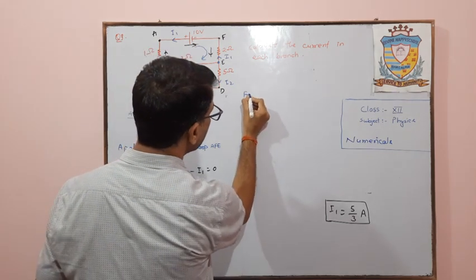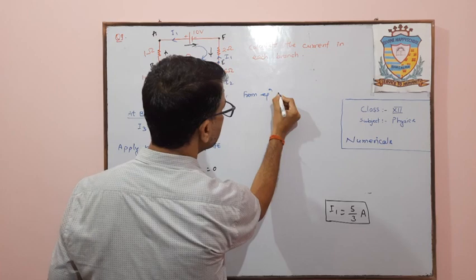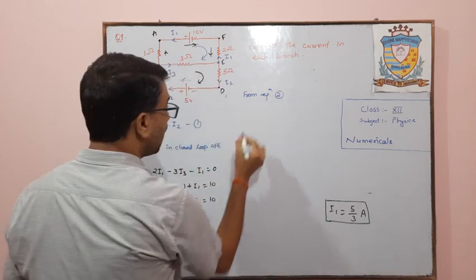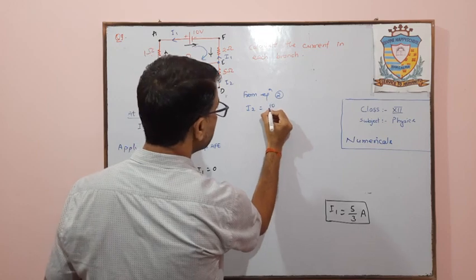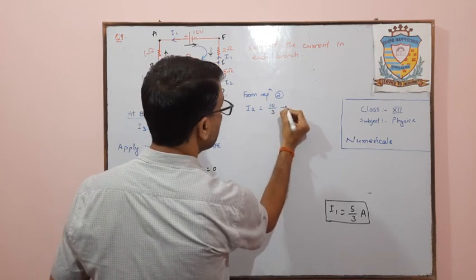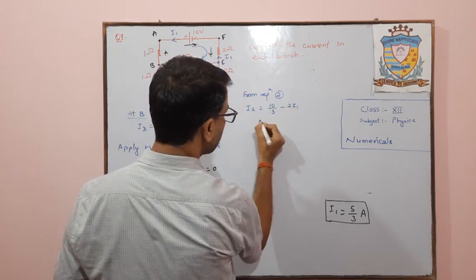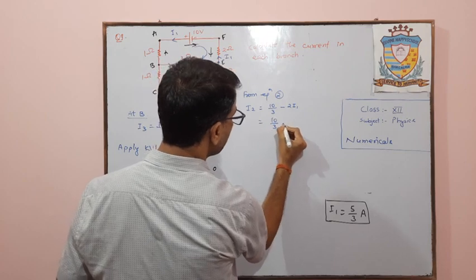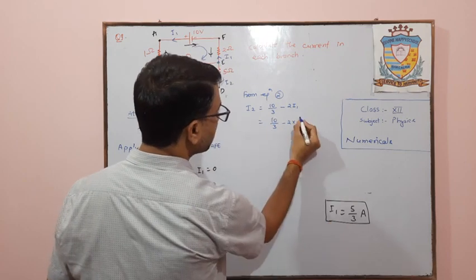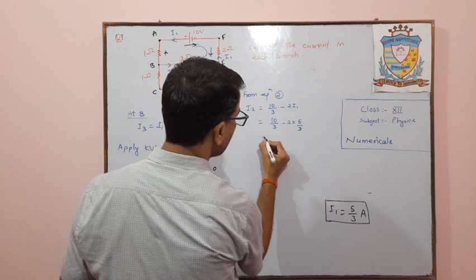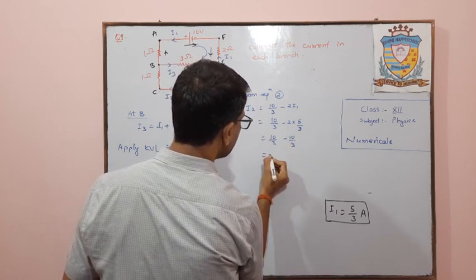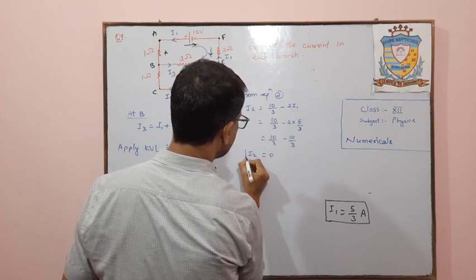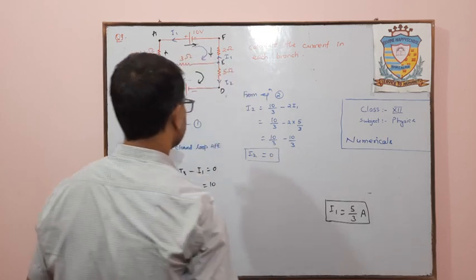From equation 2, I2 is equal to 10 by 3 minus 2 I1, or 10 by 3 minus 2 into the value of I1, which is 5 by 3, or 10 by 3 minus 10 by 3, which is equal to 0, so I2 is equal to 0 ampere.